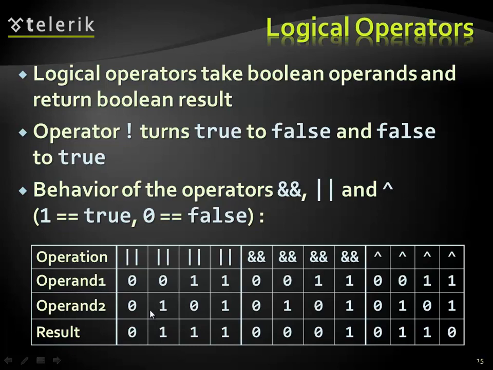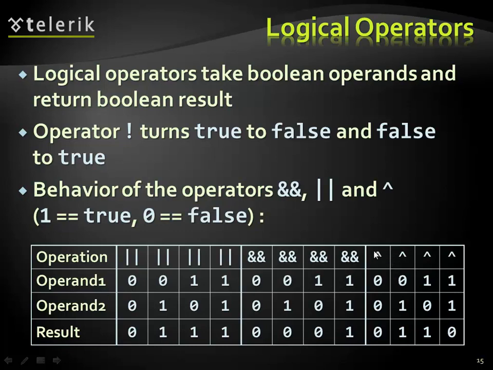This is the result of those operators. If we have or, that means that at least one of them has to be true in order to produce true. So if we have true or false here, one of them is true and the other one is false, we'll get a true. If we have the AND operator, then only if both of them are true, then we'll produce a true value.